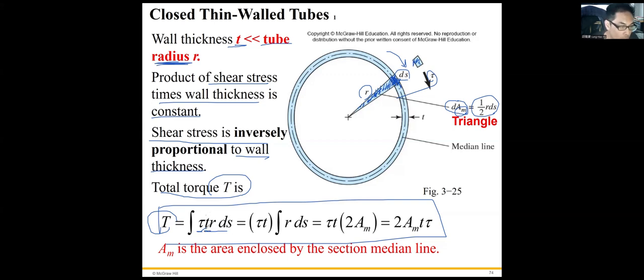So what's the area of this term? r times ds right here is twice the area of this triangle, in regard to the rectangle like this. r times ds, r times ds, right?